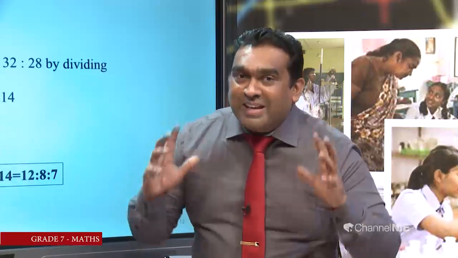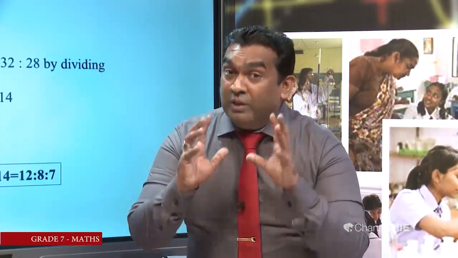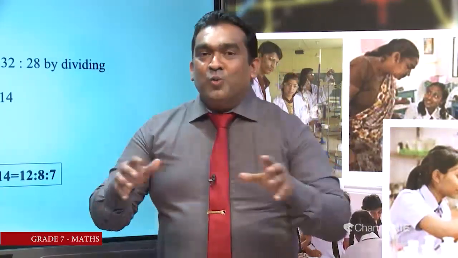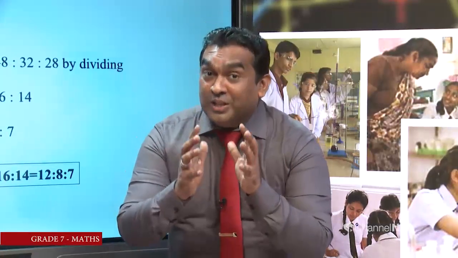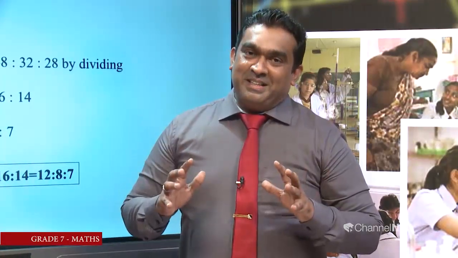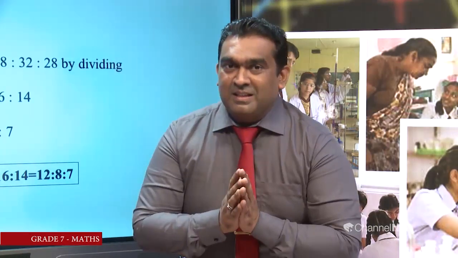They are called, my kids, factors. Be careful if you want to divide a ratio using the same positive number. Definitely you must have the knowledge of factors, right? I helped you to find out factors.